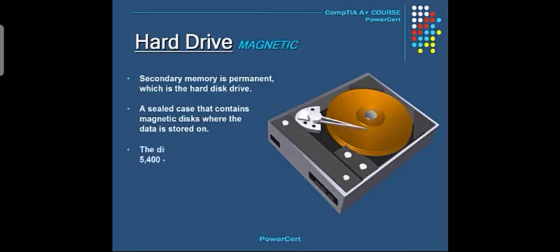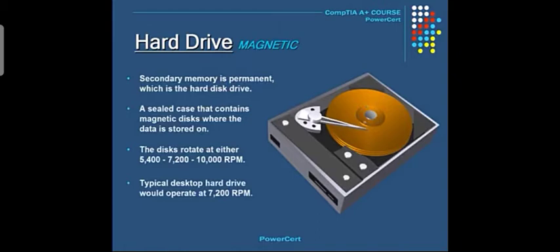These magnetic disks can rotate at speeds of either 5400, 7200, or 10,000 RPM. The typical hard drive that's used today in desktops would operate at 7200 RPM. Cheaper desktop hard drives would operate typically at the 5400 RPM range, which is also the speed of a typical laptop hard drive.